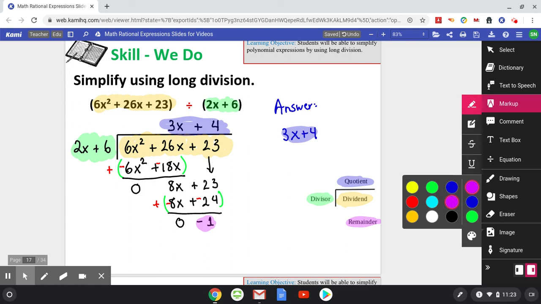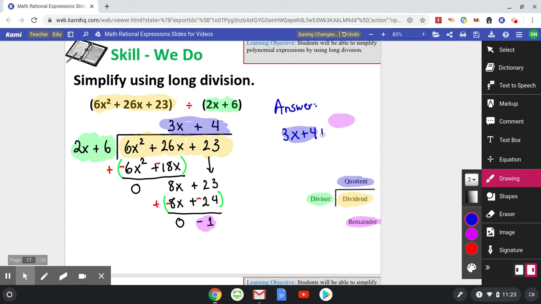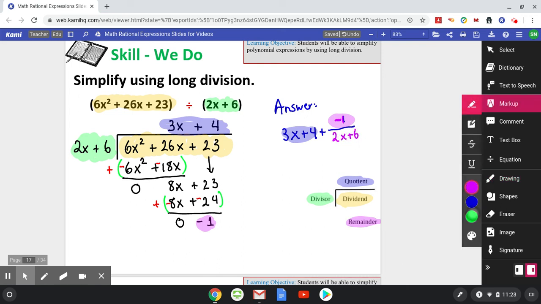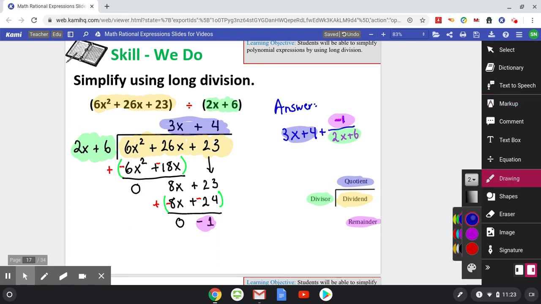And because the remainder is not 0, the remainder will also be part of the solution, as I mentioned before. So plus negative 1 over, and we will be placing this over the divisor being 2x plus 6. And we have completed the problem.